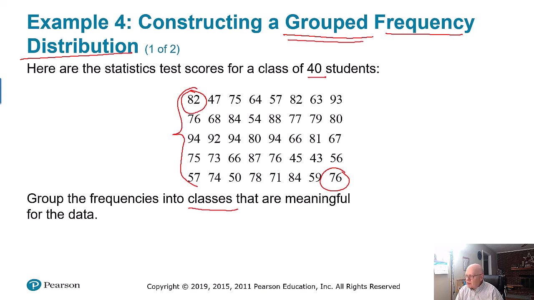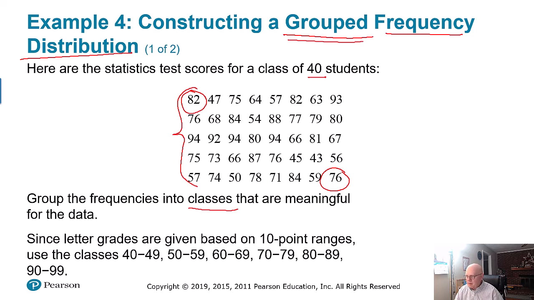It all depends on the actual data itself. Since the letter grades go by 10s, we'll take as our classes the 40 to 49 scores, 50 to 59, and so on up to 92. I think this should be 100, right, folks?